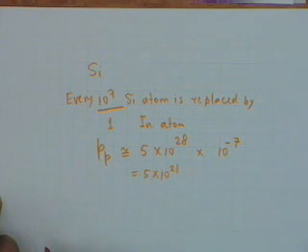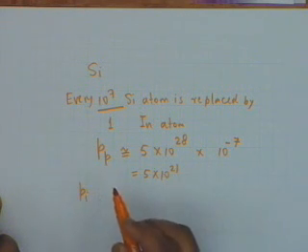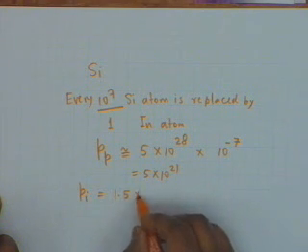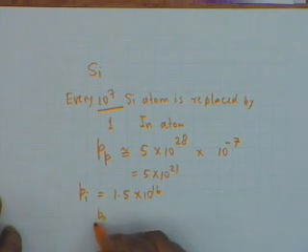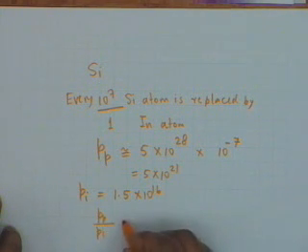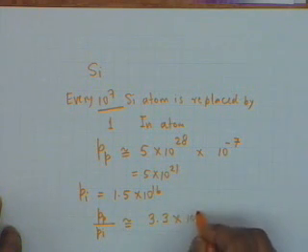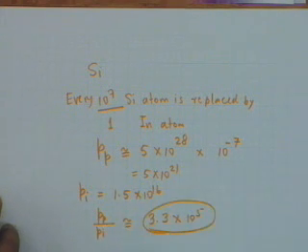Whereas in the intrinsic silicon, that is p_i, is how much? 1.5 times 10 to the 16. So you see the ratio p_p to p_i is approximately equal to 3.3 times 10 to the 5. The hole concentration is increased by this factor, and therefore the electron concentration must decrease by the same factor.